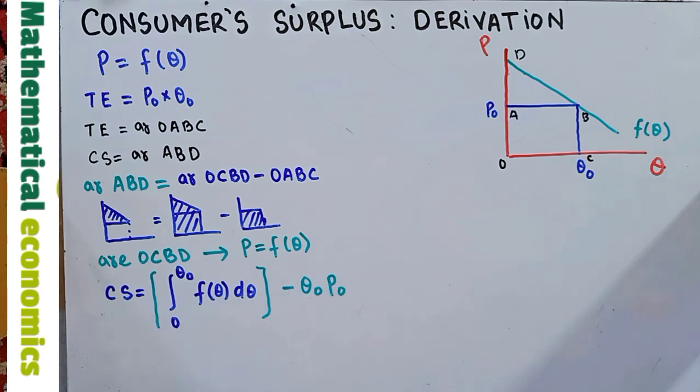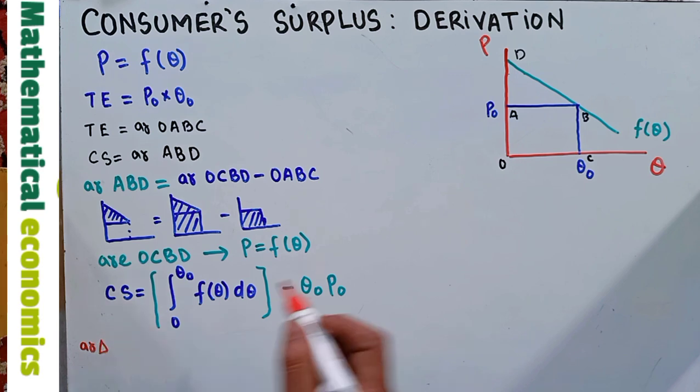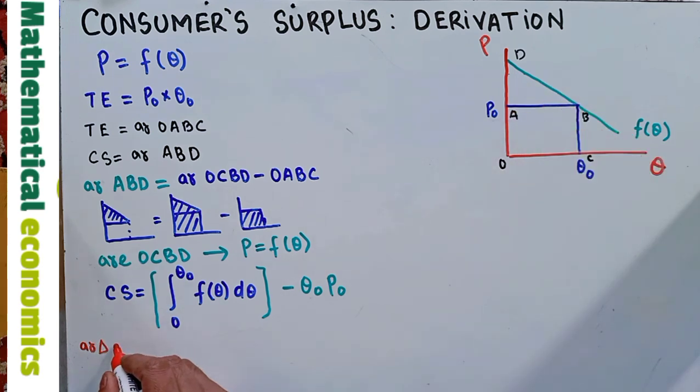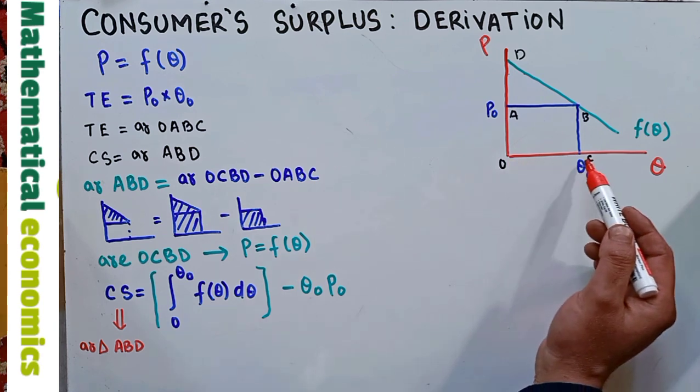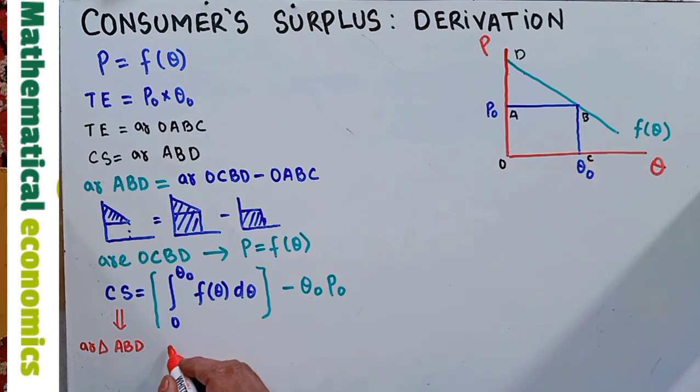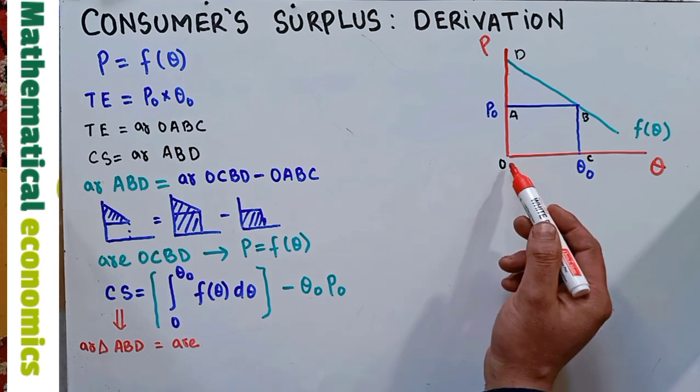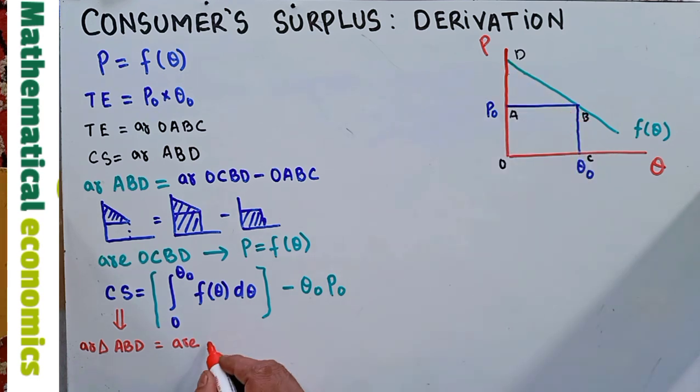And what is the consumer surplus here? Let me show it here properly. Consumer surplus is here the area of triangle ABD, that is our consumer surplus. Okay, and what does this definite integral from 0 to Q naught denote? It denotes the area of the whole region, that is OCBD.